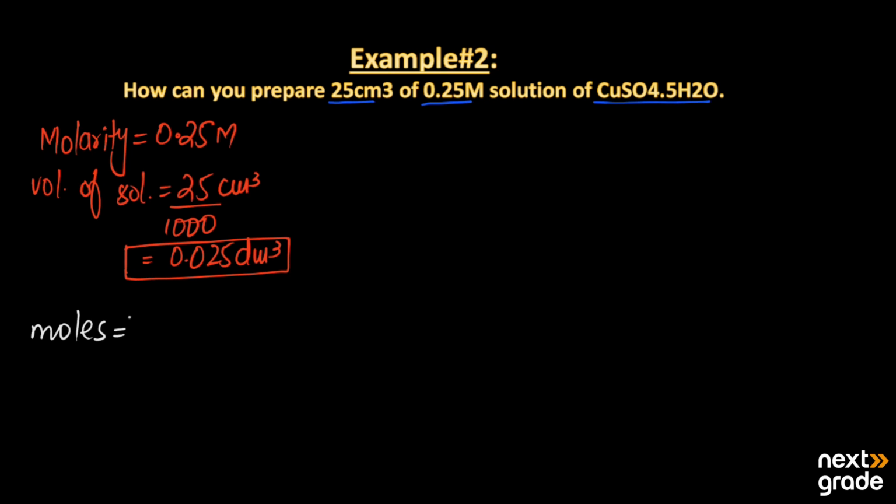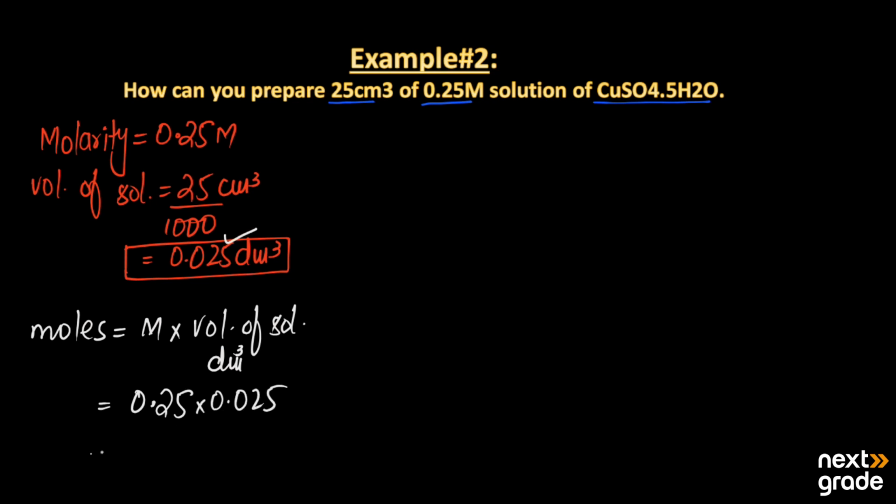The moles are the molarity multiplied by the volume of solution, and the volume must be in dm³. So the molarity is 0.25, and the volume of solution is 0.025.